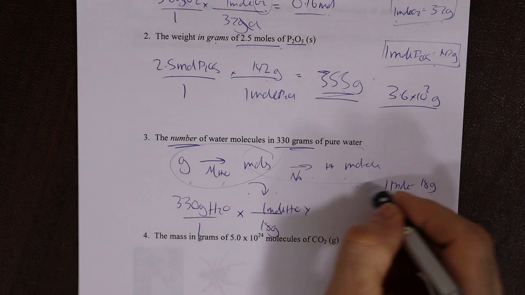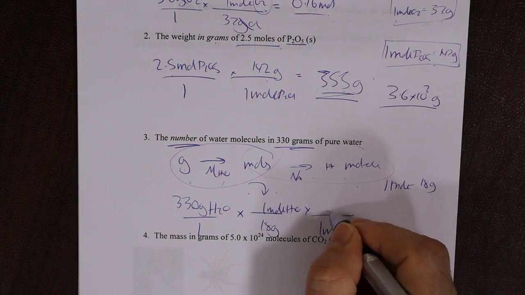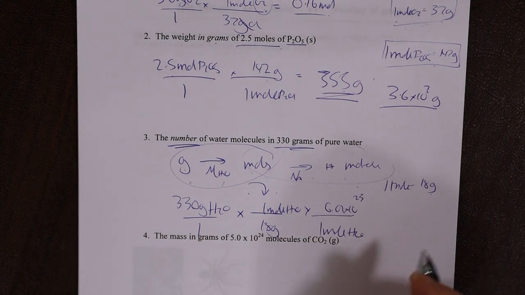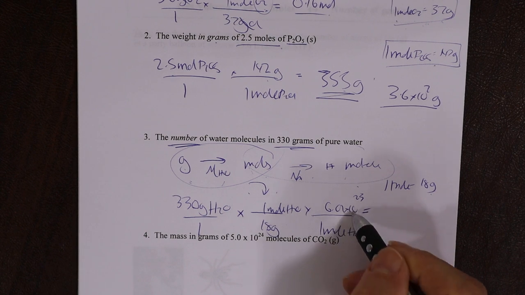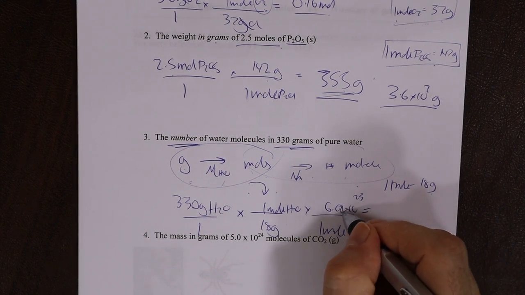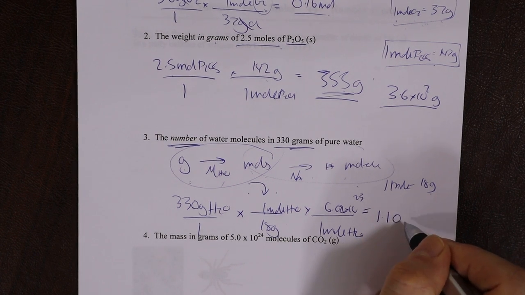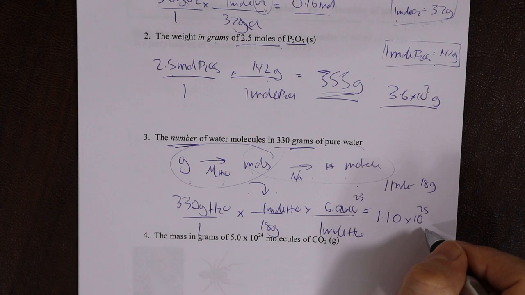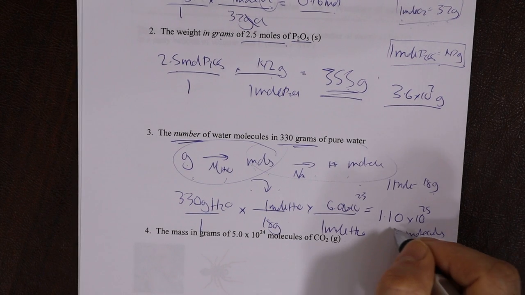And then I'm going to do the second leg here. 1 mole is 6.02 times 10 to the 23. It doesn't matter if it's molecules or atoms or bananas or horseshoes, whatever you're counting. A mole of things is always 6.02 times 10 to the 23. Run it through, what do we get? 1.136 times 10 to the 25 molecules. Don't forget number, unit, significant figures, always.